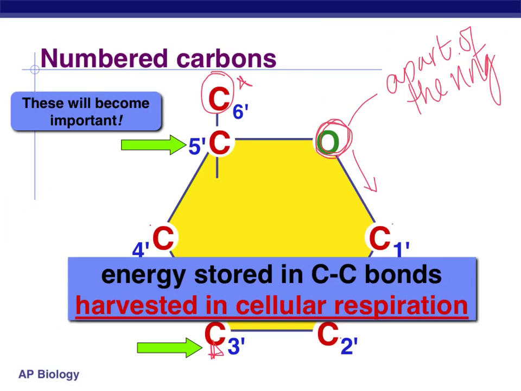There's no line connecting two atoms together, but we draw them in so that we can have a visual representation of them. Now, carbon-to-carbon bonds are very, very energy-rich bonds. And when we go through cellular respiration, so not breathing, but the creation of ATP, the breaking of bonds, it's that energy that we release that we use to make ATP.